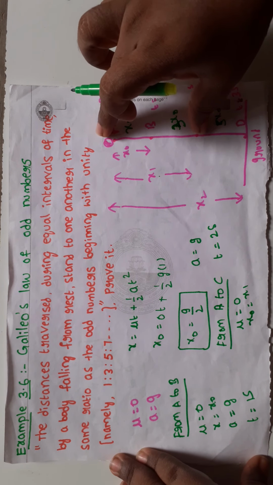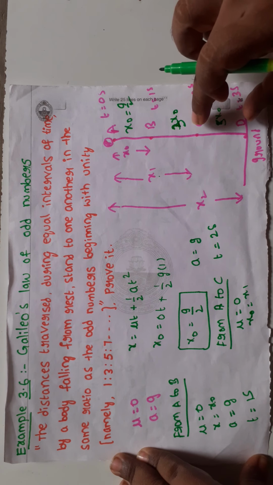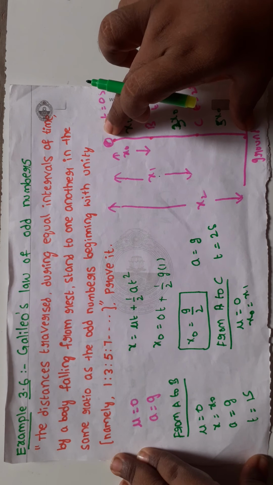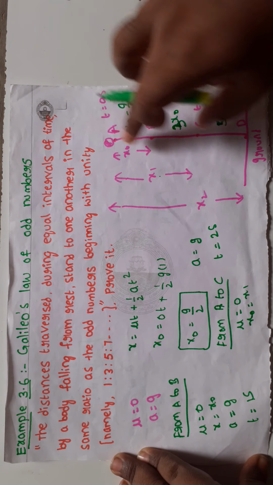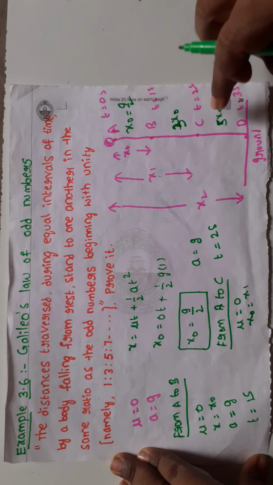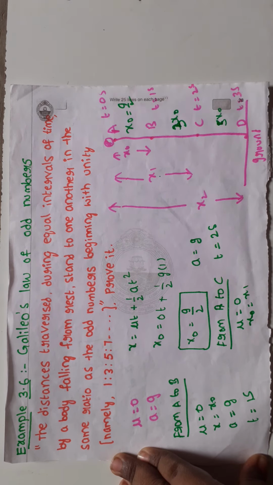I am separating the A to C distance x1. In that situation, we get the C to D distance. So total distance x2 subtract AC distance x1 and we will get the CD distance. So CD equals AD minus AC.